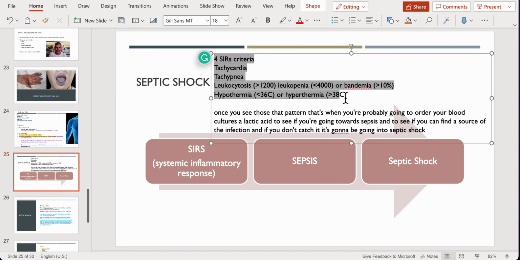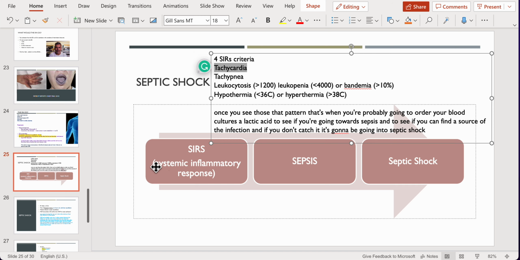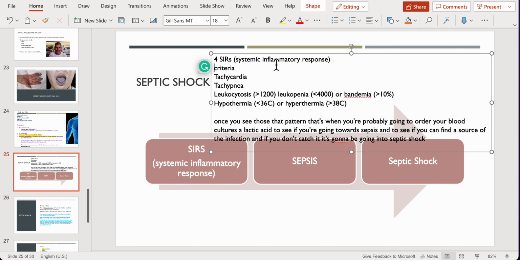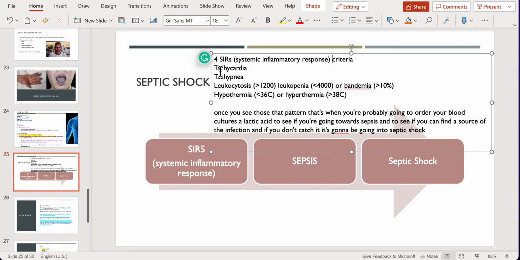Septic shock. SIRS criteria. Tachycardia. Systemic inflammatory response. Tachypnea.